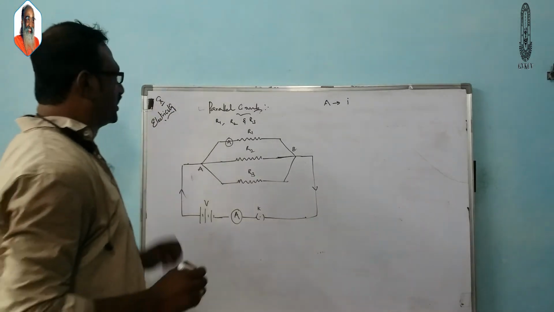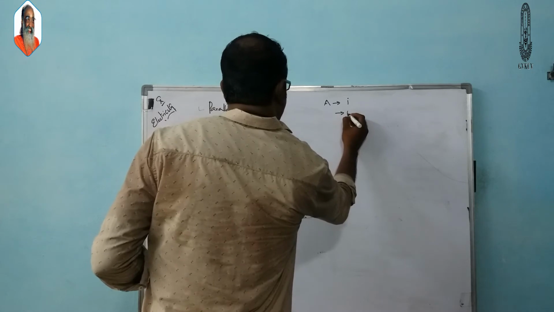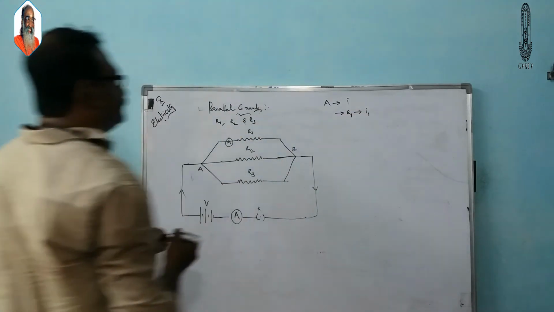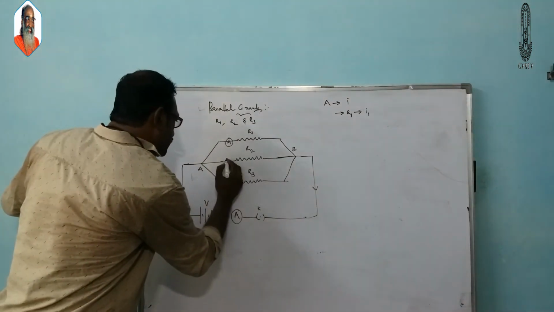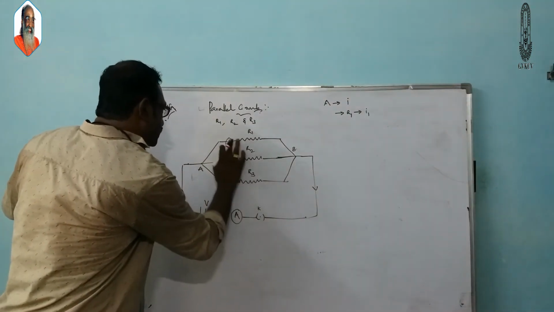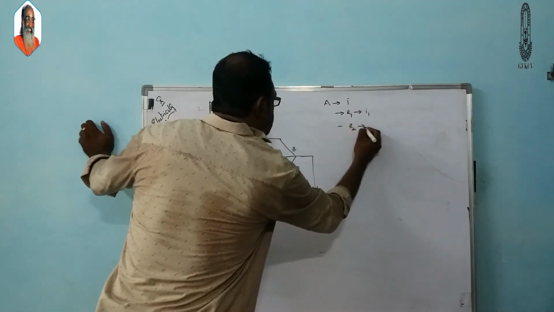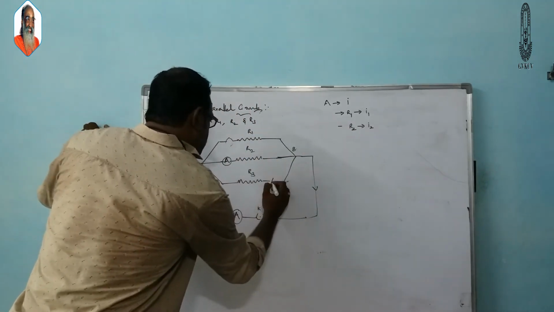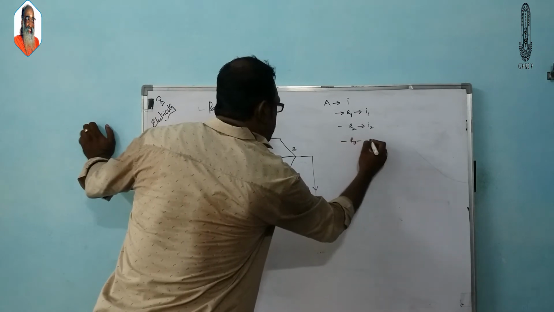Here you are going to get the current at R1 as I1. And similarly here, make the ammeter here and take the reading at R2, the current is I2. And here or here, whatever it is, it doesn't make any change. Now at R3, it is I3.